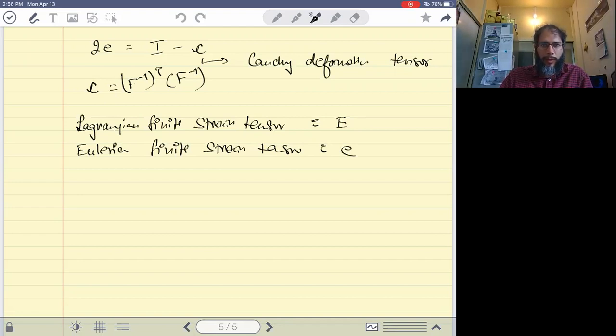Okay, you can go back and refer to how they are defined in terms of our deformation gradient tensors. If I give you the deformation gradient tensor, you can calculate both these quantities at that point.